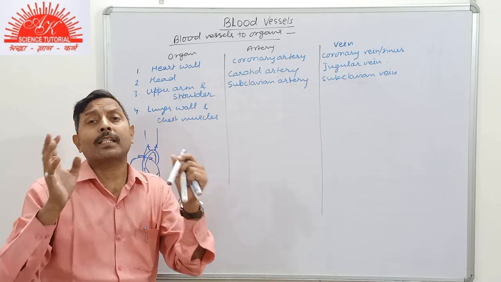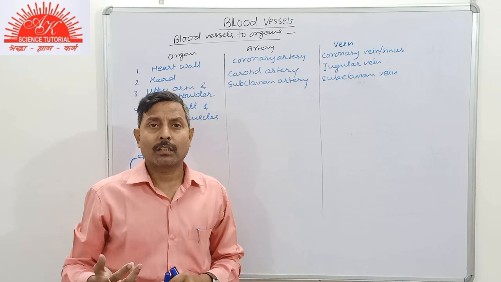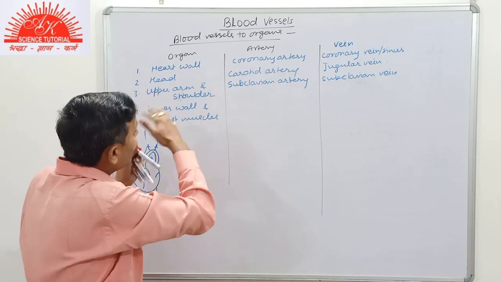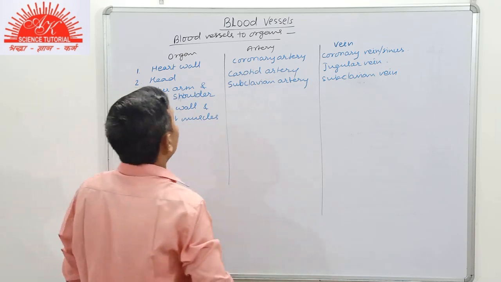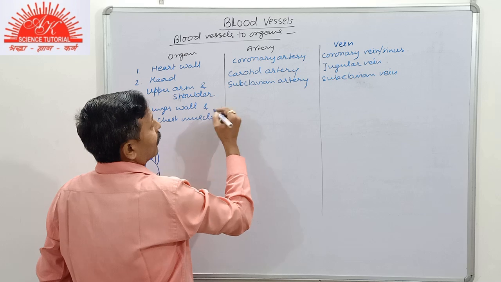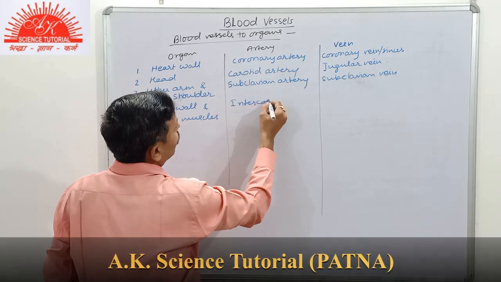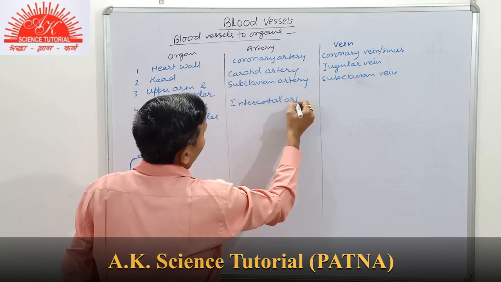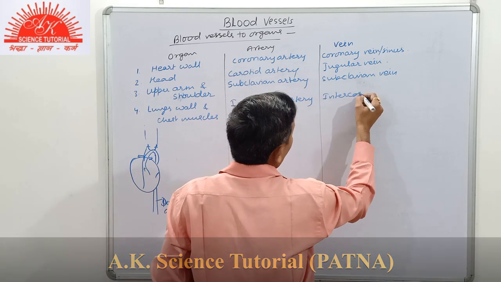It is just like a cashier of a bank, handling the money but not using it. So it has a separate branch to supply its part. Like you see, it is the intercostal artery and intercostal vein.